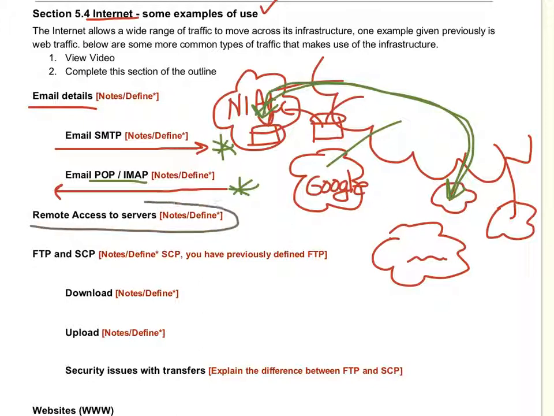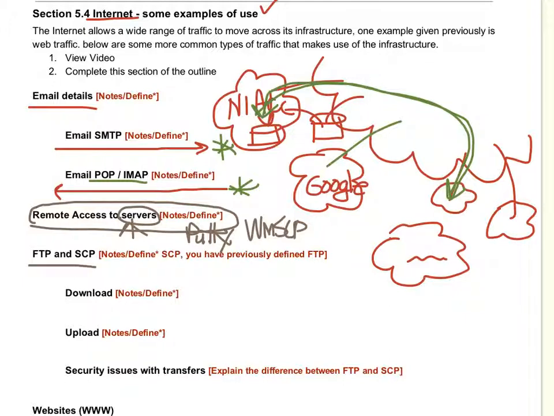We're going to do remote access to servers. I have a server that we use here on campus, and we contact that server. We're going to use PuTTY, and I'll demo that a little bit later in a video. And we use WinSCP, Secure Copy, to communicate to that server in order to understand a little bit more about servers and how they're used.